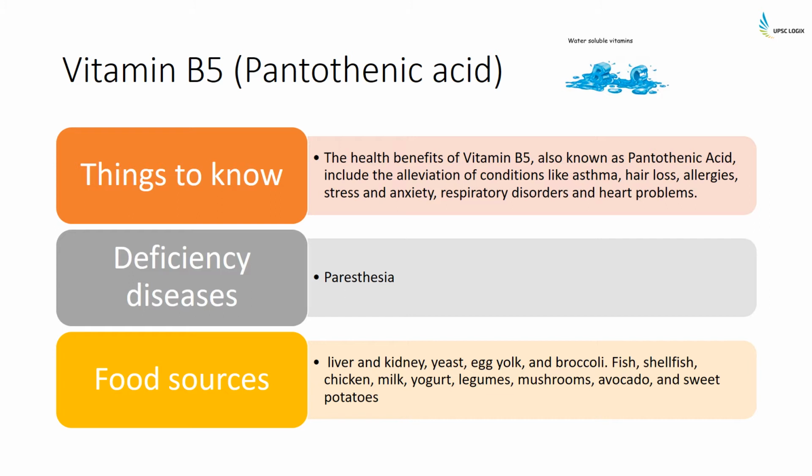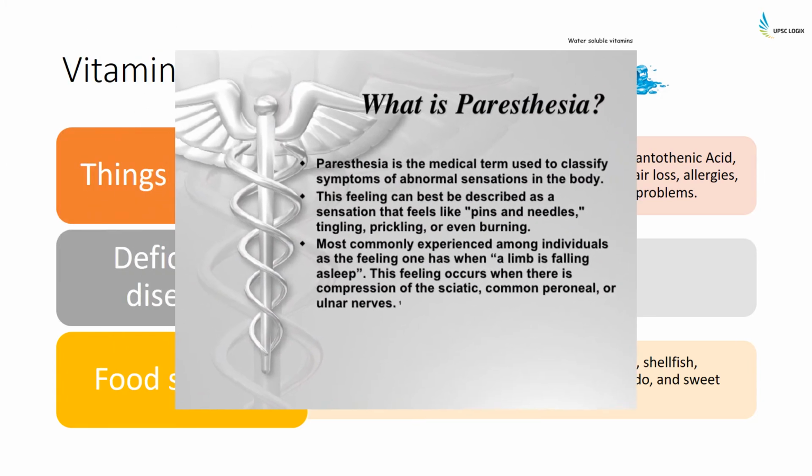The deficiency disease for this is called paresthesia, a medical term used to classify symptoms of abnormal sensation in the body. The feeling can best be described as pins and needles, tingling, prickling, or even burning. Most commonly experienced as the feeling one has when a limb has fallen asleep.